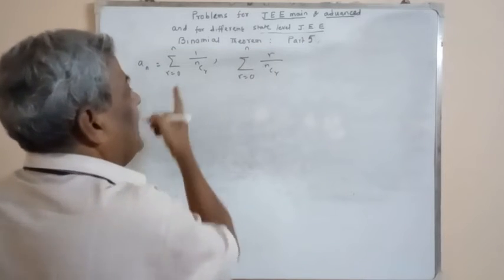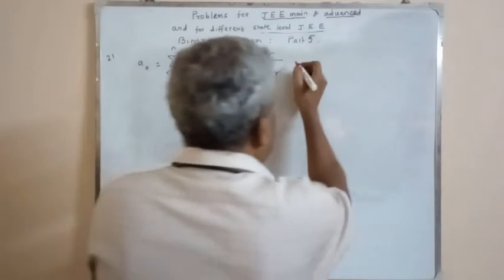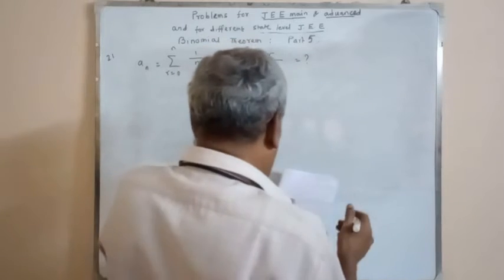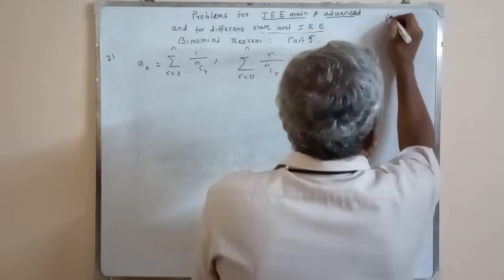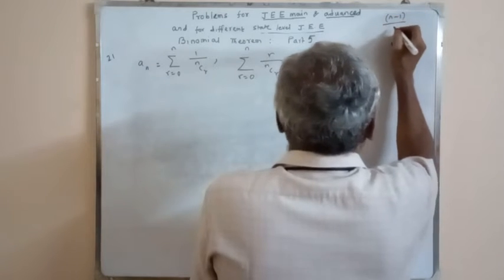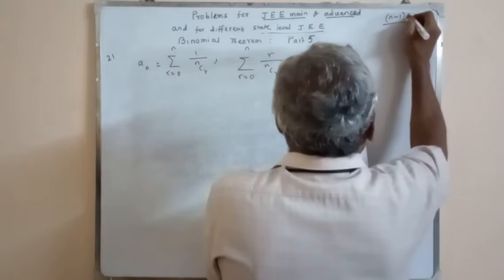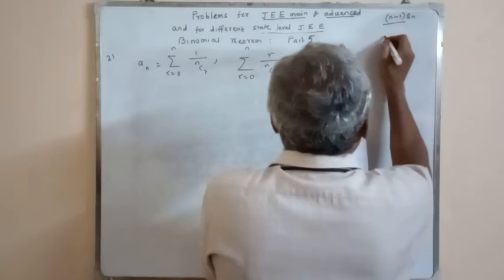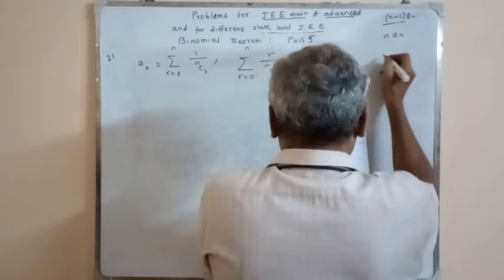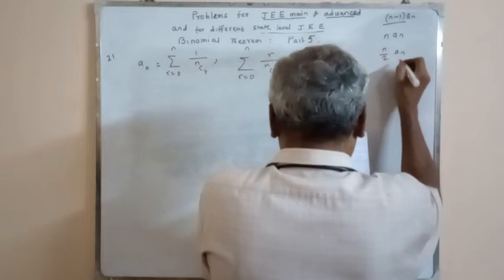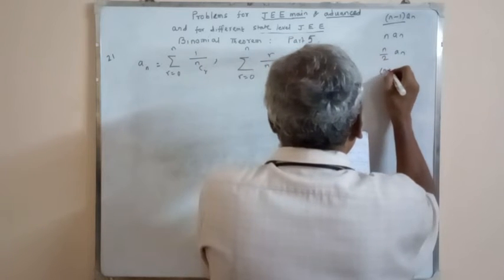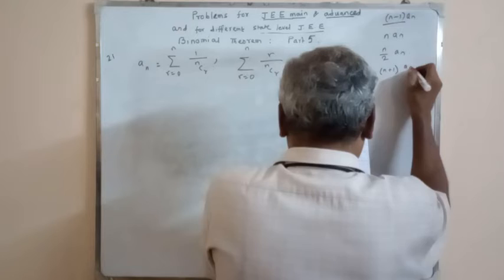Given this is equal to that, then what is its value? Options: n minus 1 by an, n into an, n by 2 an, n plus 1 an.